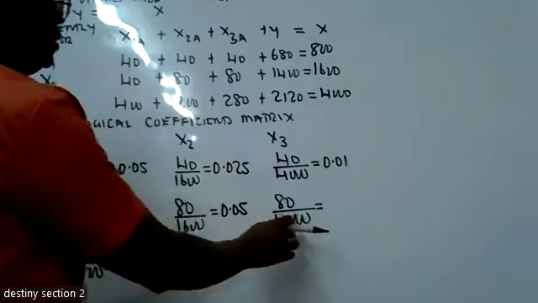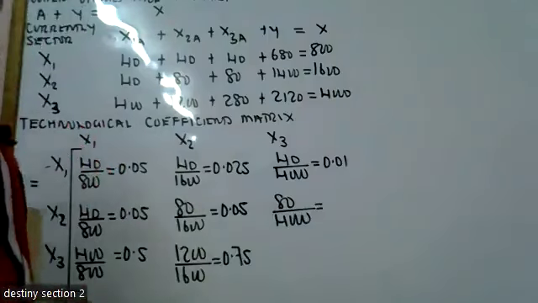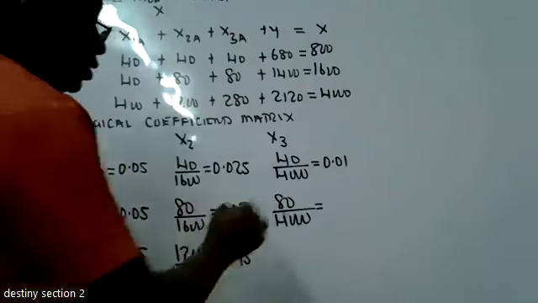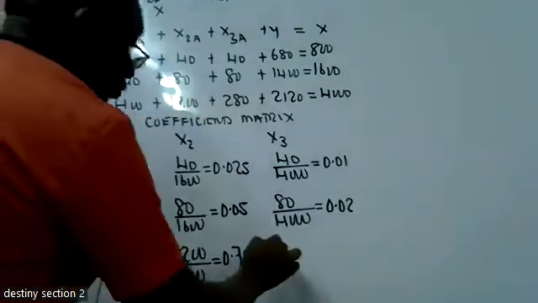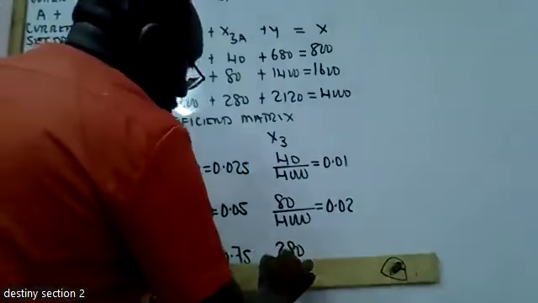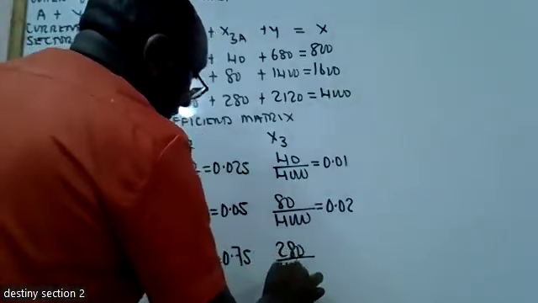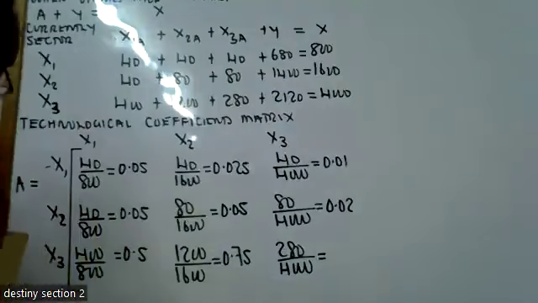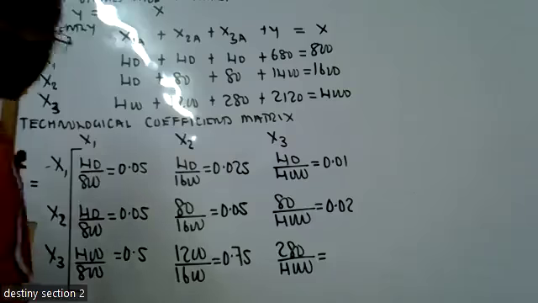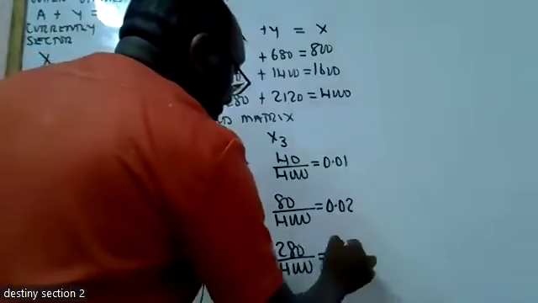So that gives 0.02. Then we have 280. You divide by 4000. Benita, I hope you are clear now. That is 0.07.